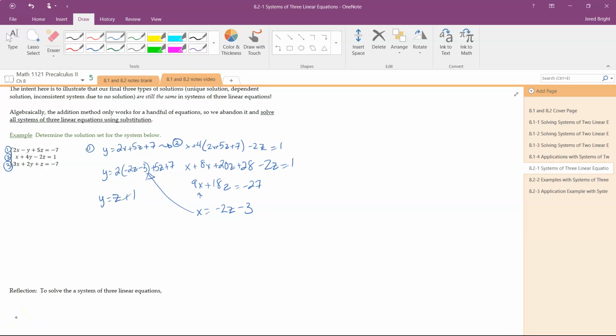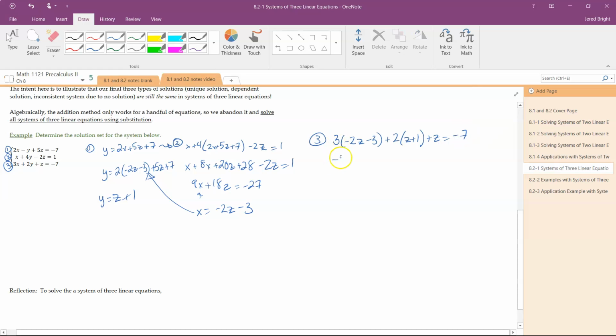Alright, and so now I'm going to take both of these results and substitute them into equation 3. I cannot reuse equations. That's one hard rule, that I cannot reuse any single equation. So in equation 3 now I know that x can be represented as minus 2z minus 3, and then y is going to be z plus 1, and then I have plus z is equal to minus 7.